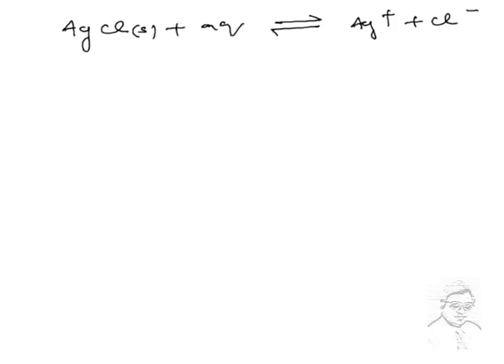Generally, this is the way you will handle the common ion situation. Say AgCl has solubility S. Let's talk of molarity. So S is formed.